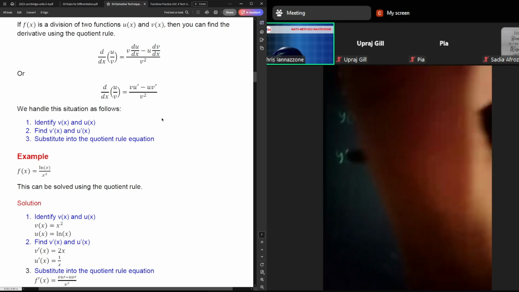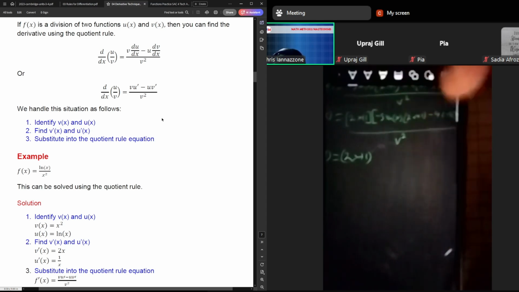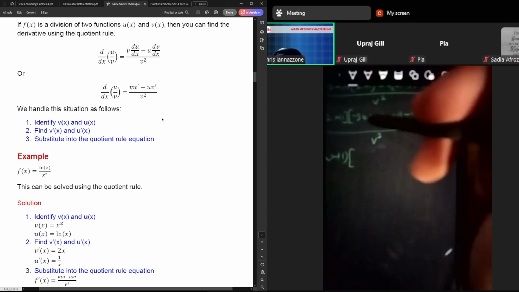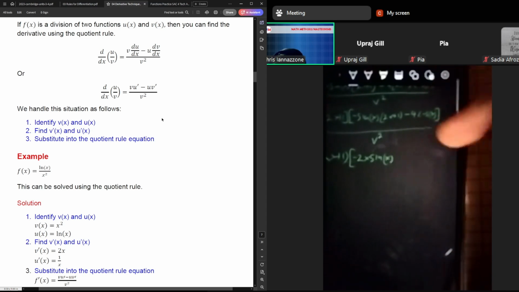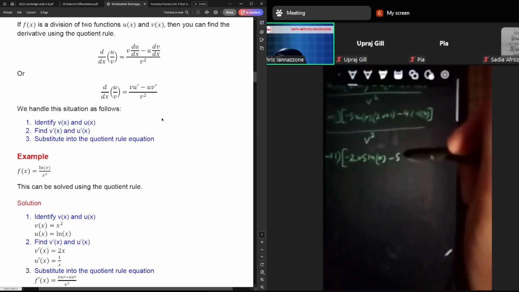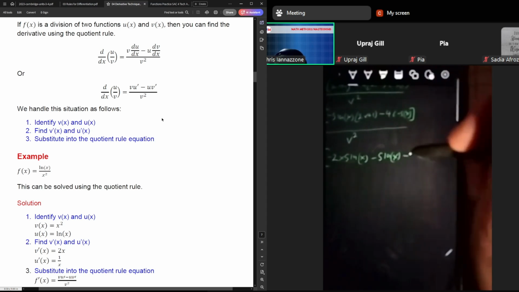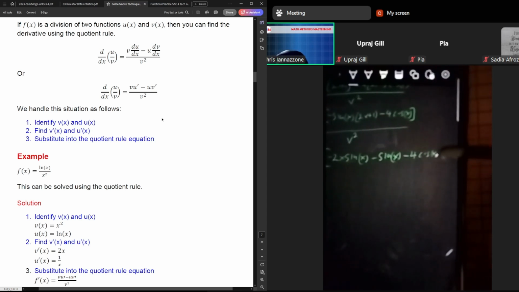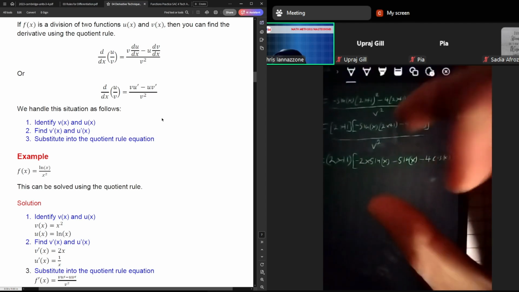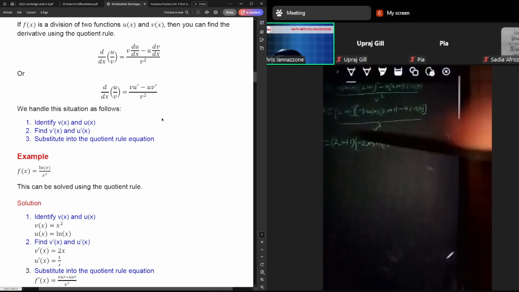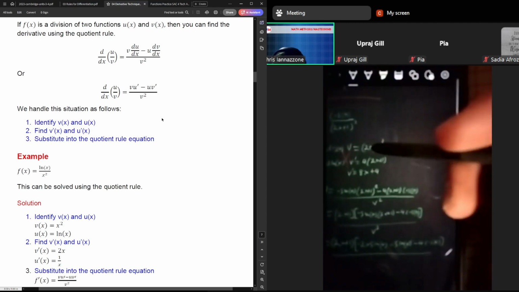So y dash x, 2x plus 1, minus 2x sine x, minus sine x, that's expanded that out, minus 4 cos x. Since that bracket is expanded as far as it's going to go, now we can chuck in our v squared. So that's just this all squared.